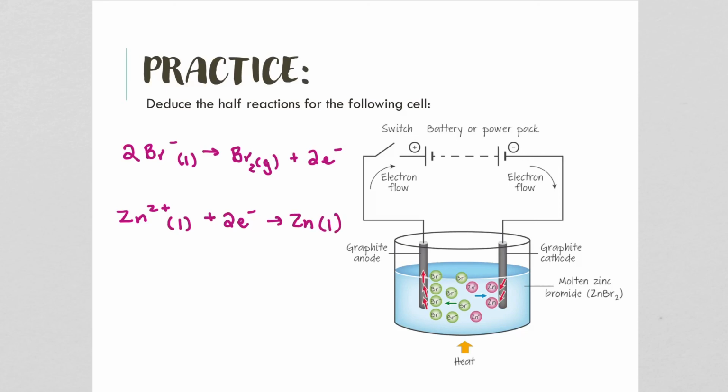Our overall equation, if we were to write that out, would be zinc bromide liquid becomes zinc liquid plus bromine gas. There's our equation. The molar ratio of products is 1 to 1. Those are our half reactions and our overall equation.